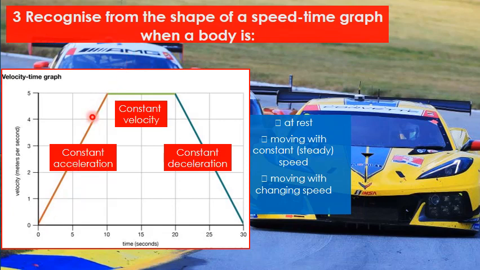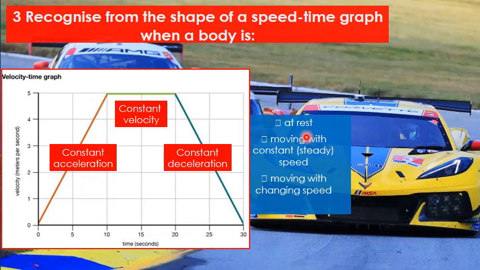When the graph is horizontal, there's constant velocity, no acceleration, no change in speed. When the graph is straight but going downwards, there's constant deceleration. The velocity is reducing by the same amount every unit of time, it might be every hour, every minute, every second.